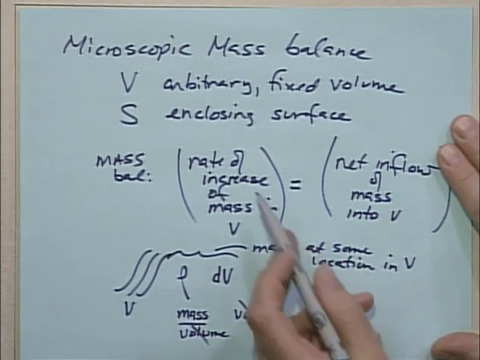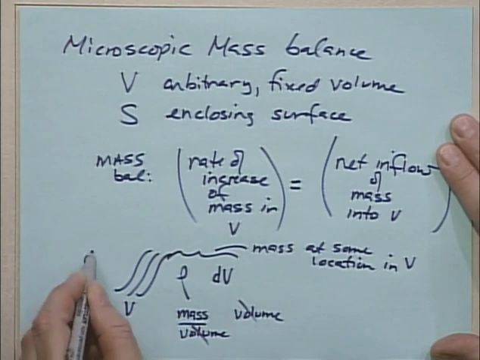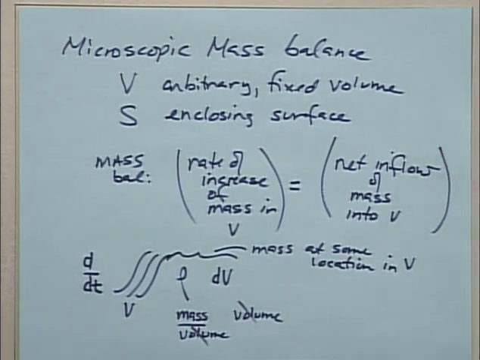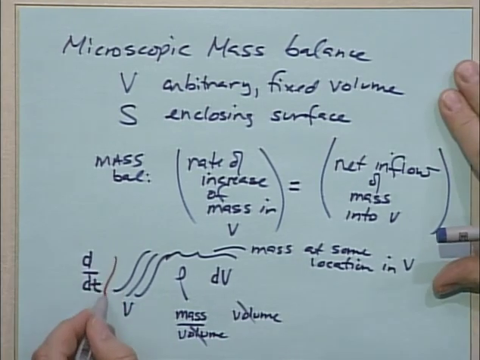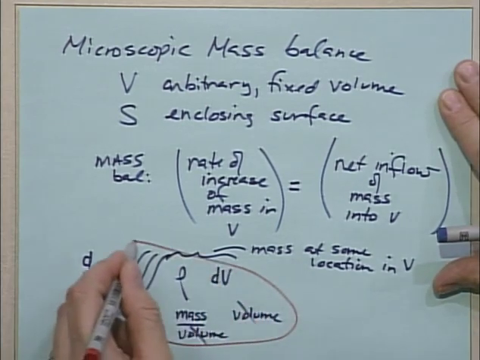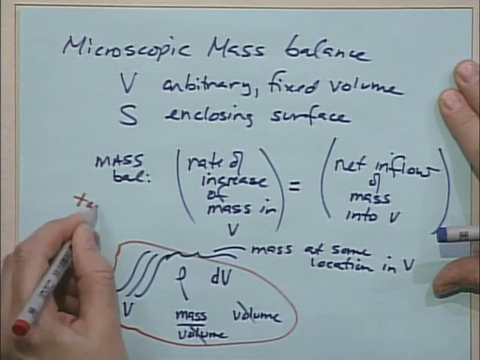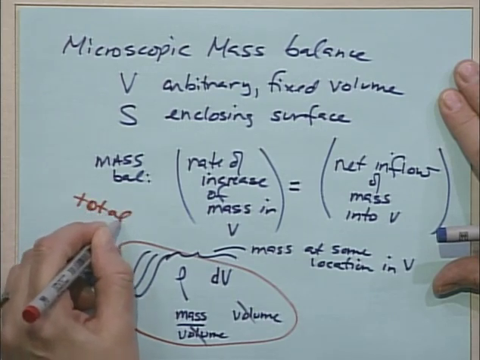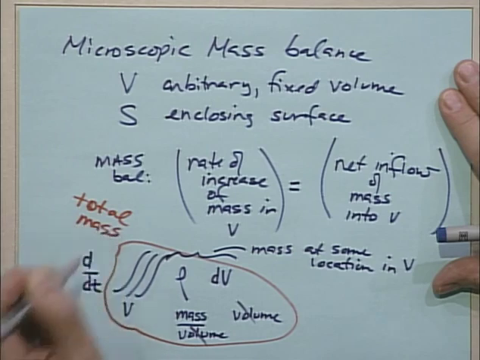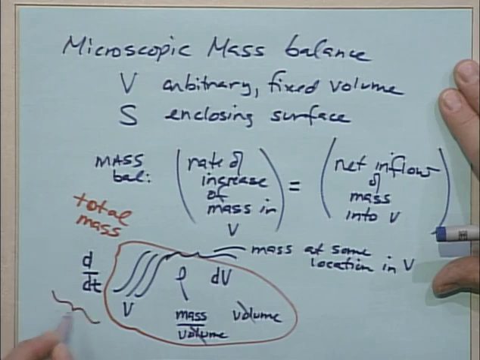And to get the rate of change, I just take the time derivative. So this part is the total mass of my control volume, and when I take the rate of change, this turns into the rate of change of the total mass.